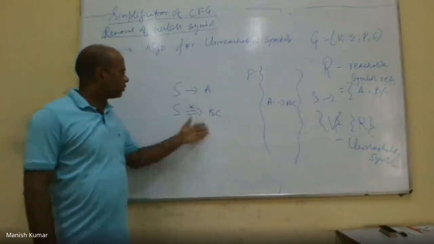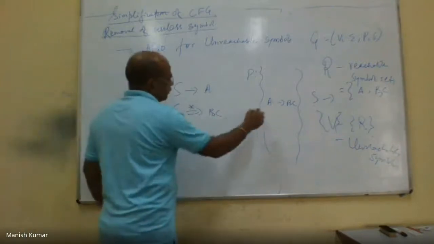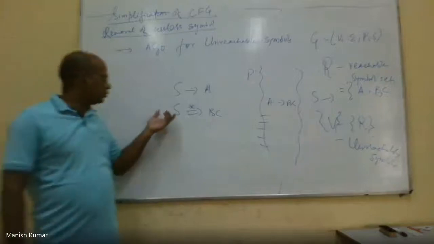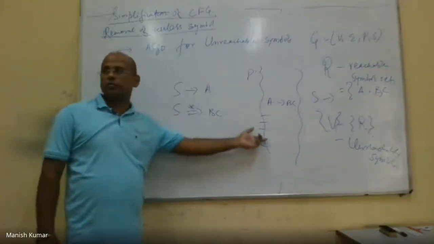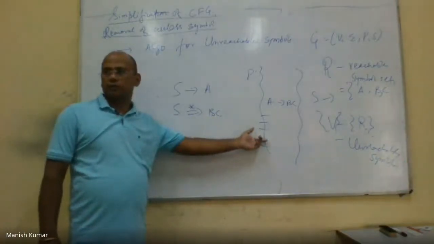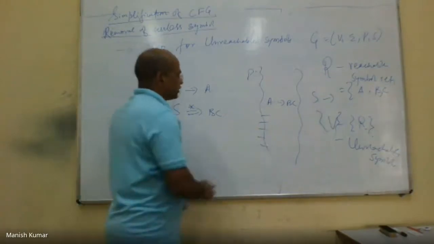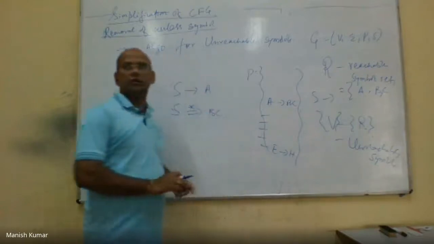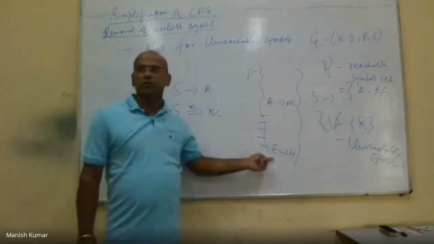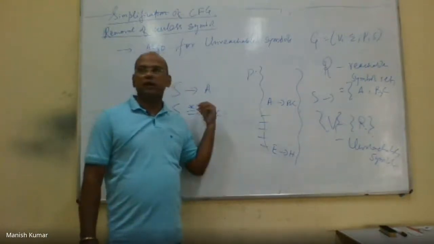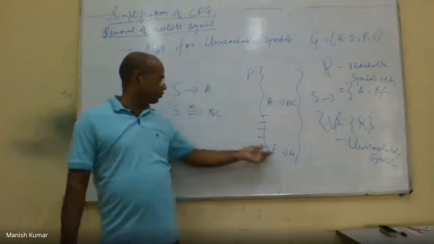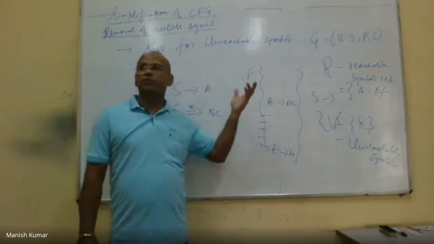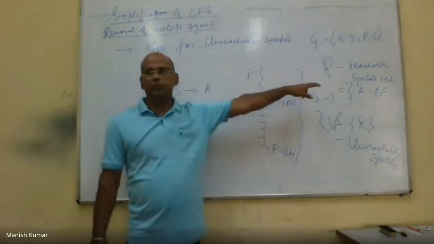Fine. Now similarly, you inductively scan all these rules and see whether you can reach those symbols from S or not. Suppose there is a case that E defines H. If I cannot reach this E, then certainly S cannot go to this E. So in that case, this E will not be in the set of reachability.